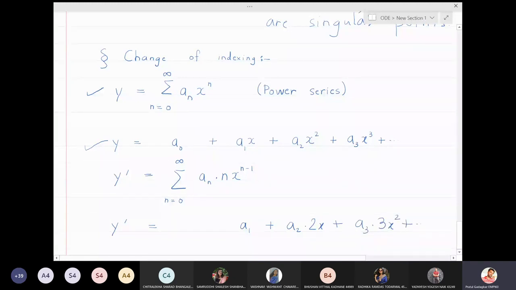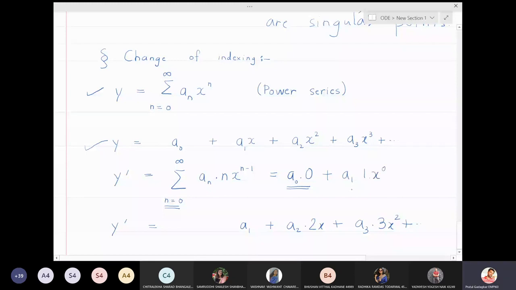In this summation which I am writing here, when I put n equal to 0, I will get a0 into 0, so this a0 term will never occur in the summation. When you put n equal to 1, I will have a1 into 1 into x raised to 0.